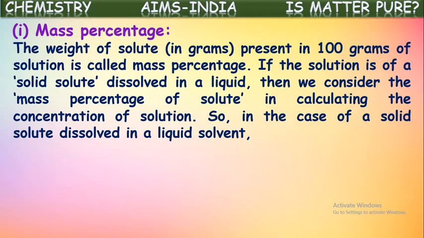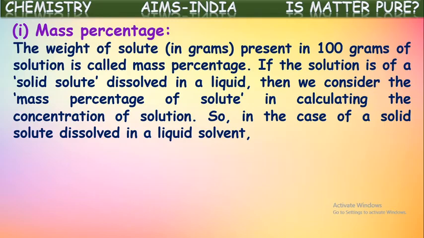Generally, this expression, mass percentage, is used for calculating the concentration of solutions in which the solute is a solid substance. We use this expression because we are defining it as the mass of the solute present in 100 grams of a solution.